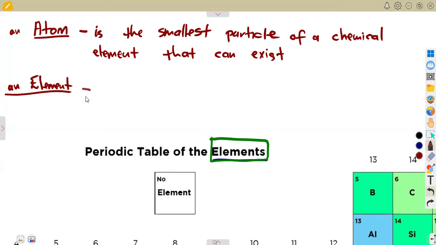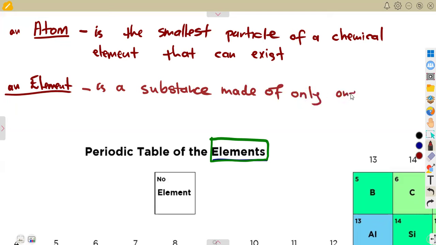So we are simply saying an element can be given as a substance. This one is a substance made up of only one kind or type of an atom.